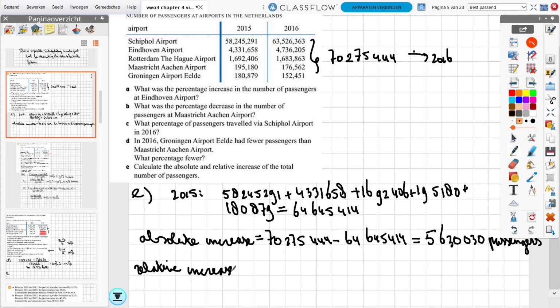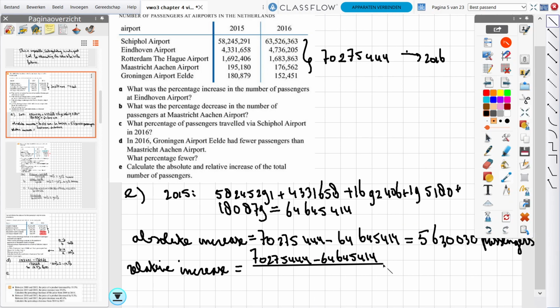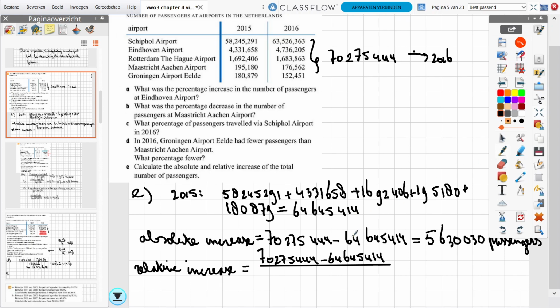Well, for relative increase, relative increase is a difficult way of saying percentage increase. Relative as in you're comparing something to something else. What you take is new minus old divided by old.